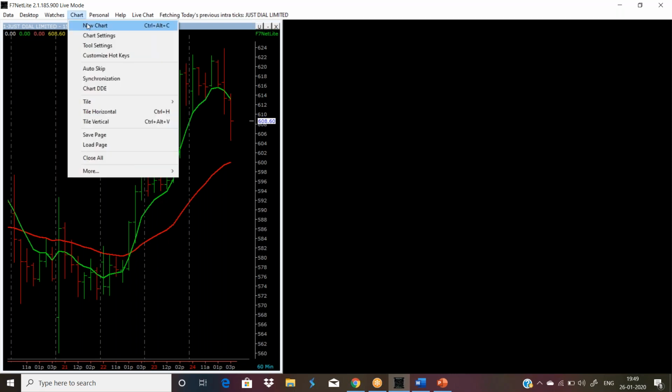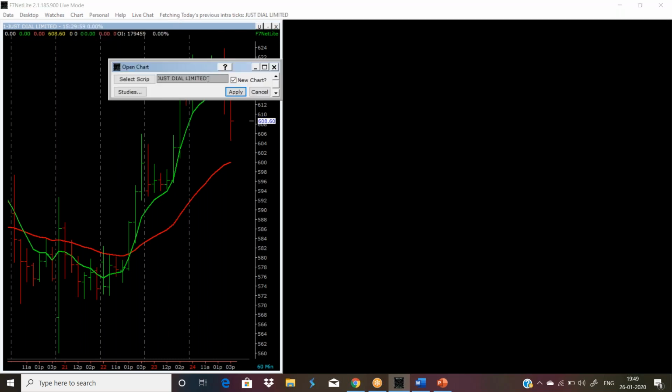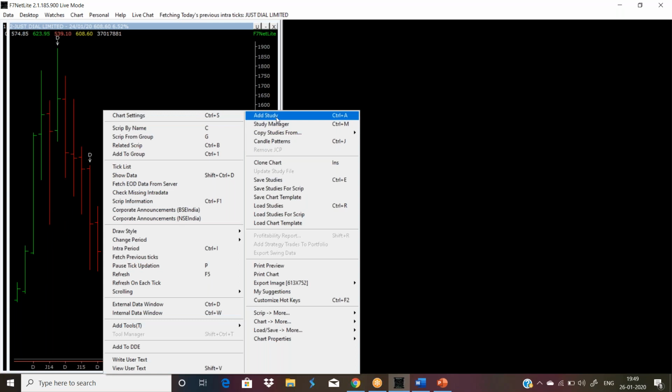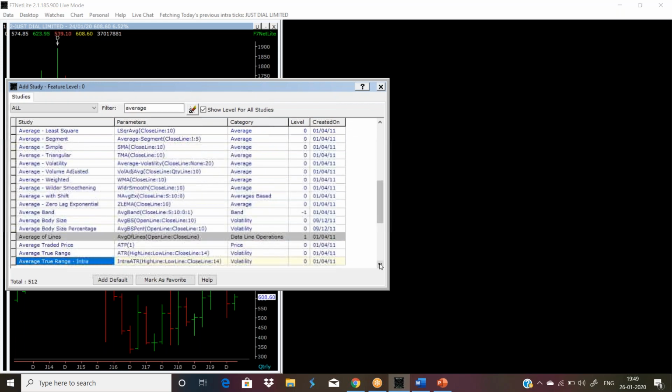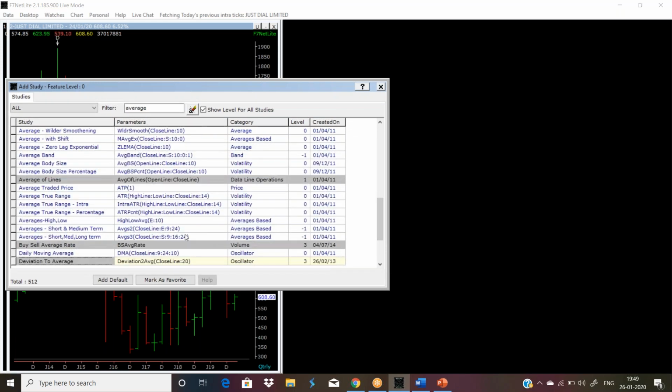I'll add one more chart. Again, I have to add all these values. Add study, averages, EMA 6 and EMA 30, short average and mid average.